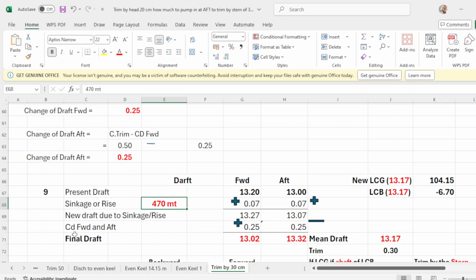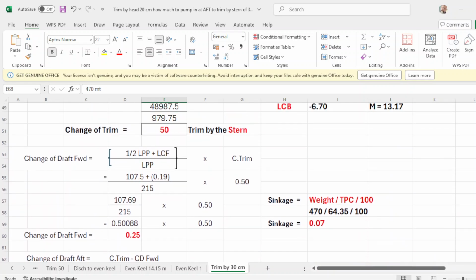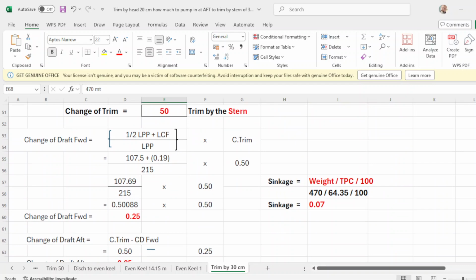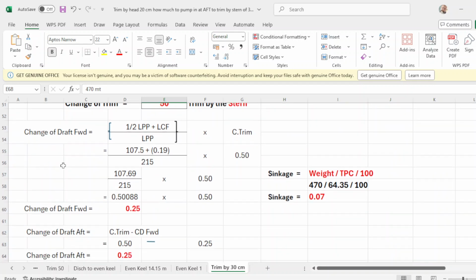Then you will apply now your change of drop forward and aft. So how did I get this figure? The formula is change of drop forward is 1/2 LPP plus LCF over LPP times your change of trim.